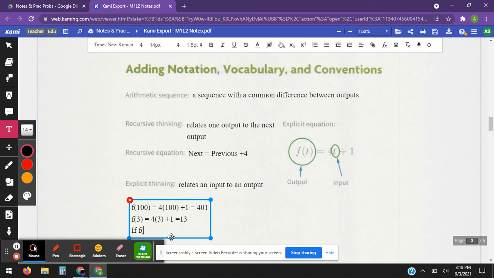So if f of x equals, we'll just say 2x minus 3, the explicit equation, I forgot the L, explicit equation is called a function rule.